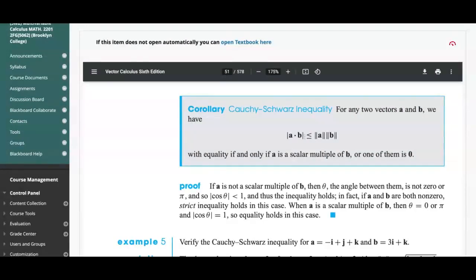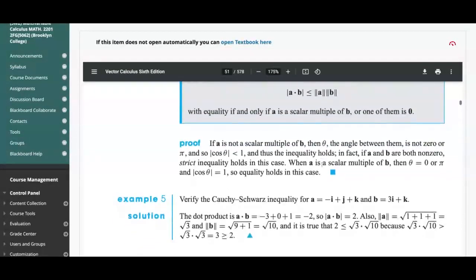Here, because we want to compare with the length, which we never measure negatively, that's why we put the absolute value sign on A dot B. We say that the absolute value of the inner product of two vectors A and B is less than or equal to the product of the lengths. Little proof here.